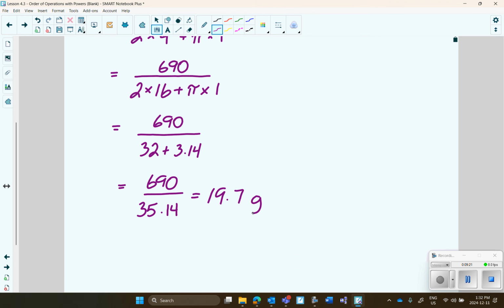So you always got to be careful with word problems, usually you're going to have to put units in. So the question said the correct amount of chlorine to put in is around 20. Well, we're pretty close, so I think we're good. Okay? Any questions? Okay.